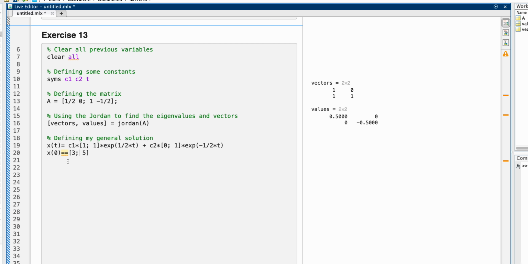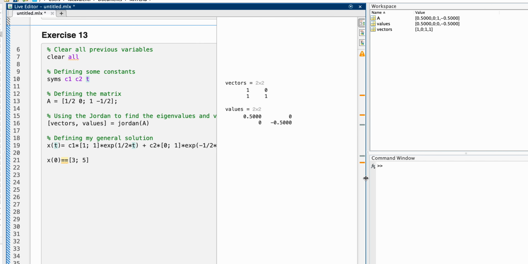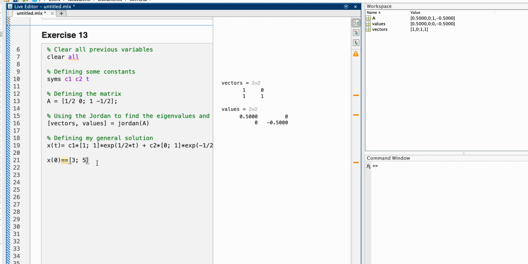Now I want to make sure that you understand what I'm doing here. If I ask Matlab to evaluate x of 0, it's going to put 0 here and evaluate this whole thing. Actually, let me do that for you real quick. I'm just going to press Control Enter, and it's going to execute all the commands so far.